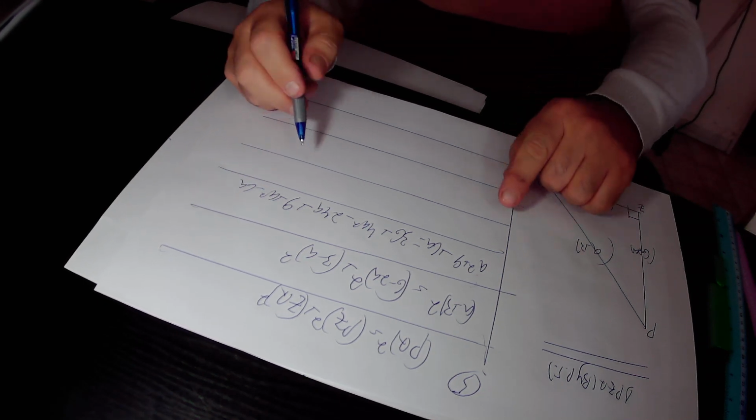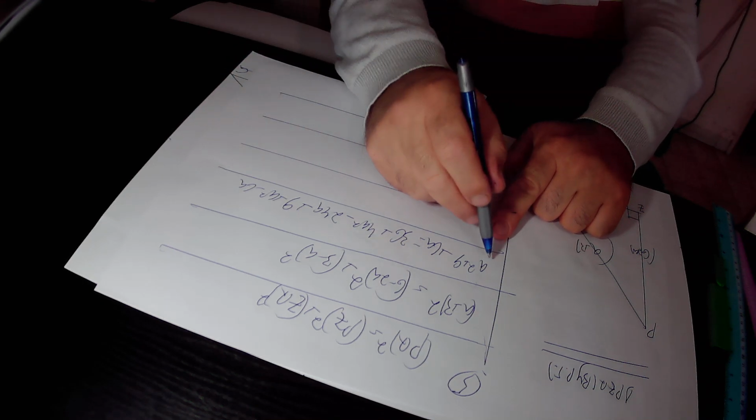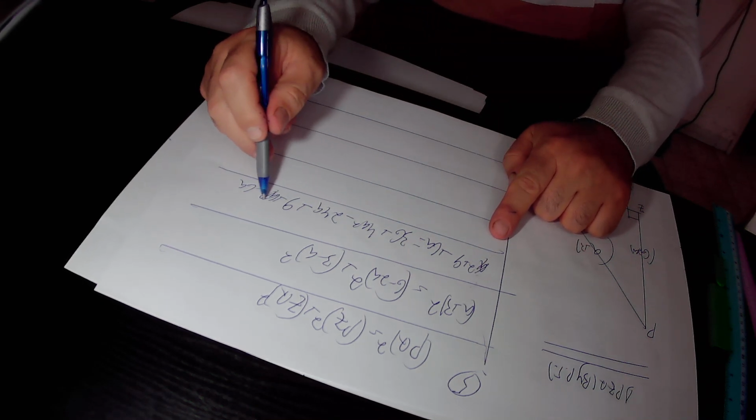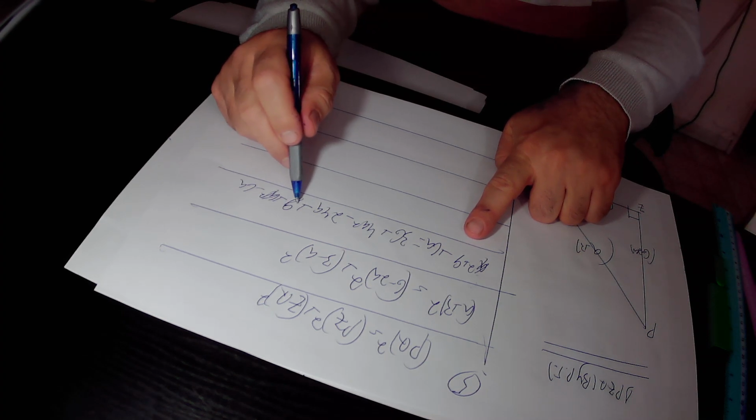So here we have A square on both sides of the equation, so A square will get cancelled. We also have 9 on both sides, so 9 also will get cancelled.